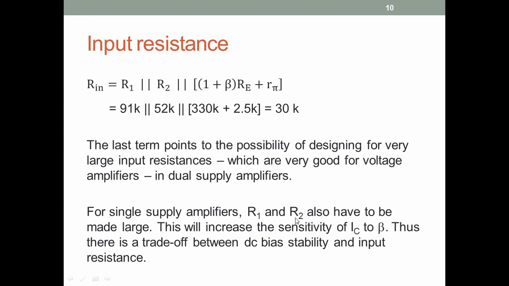So this is a trade-off actually between DC bias stability and input resistance. So if we want a highly DC bias stability, then the input resistance would be not as large, as is the case here. But if you are willing to sacrifice bias stability, then the input resistance can be large. Overall, this circuit can provide much larger input resistances compared to the common emitter amplifier.